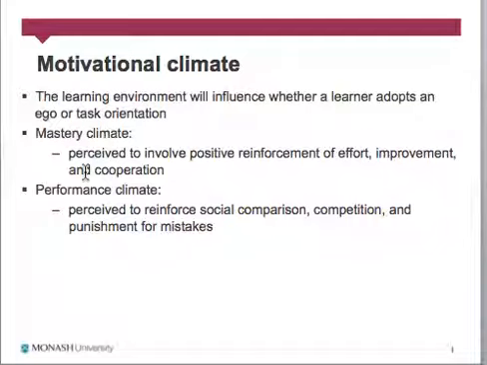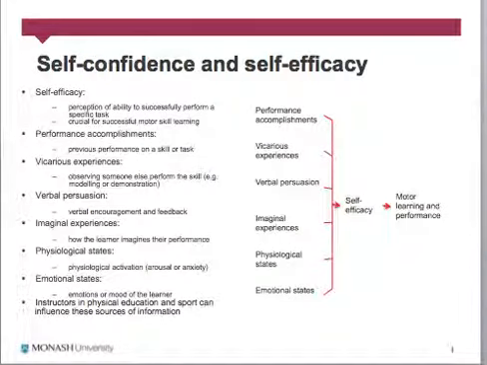And even seriously think about how you assess. If you're assessing individually, then that's less likely to create a comparison climate. If you're assessing compared to others, so who had the best shot or best beep test score, etc., then that's going to emphasize a kind of performance climate. So I don't think I need to say much more about that.